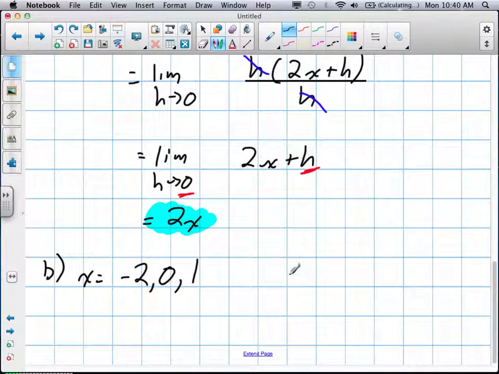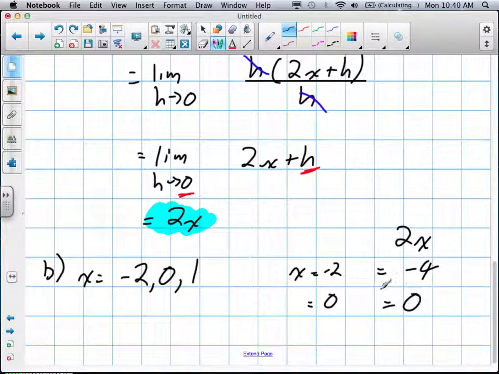So when x is -2, our slope is going to be -4. We plugged it into the 2x. When x is 0, our slope will be 0. And when x is 1, our slope will be the number 2. We've just plugged it into this formula of 2x. So our slopes are -4, 0, and 2.